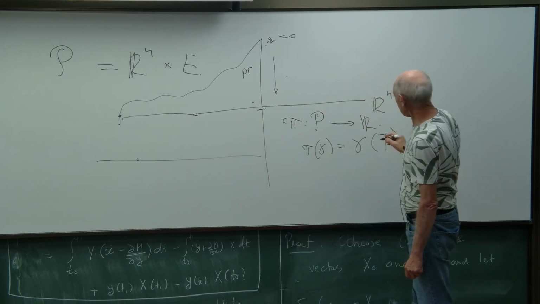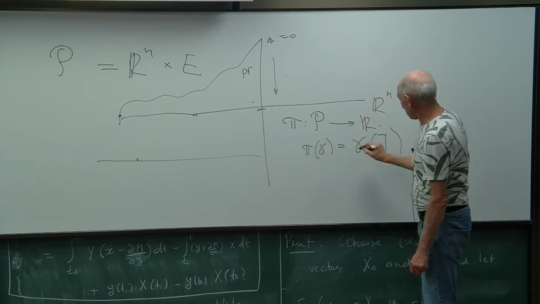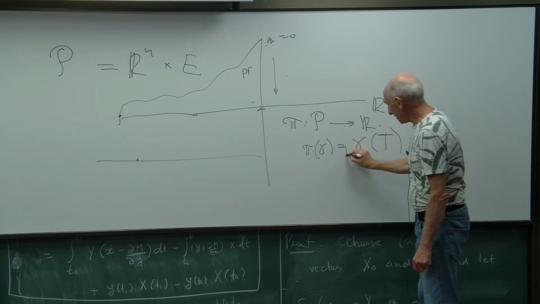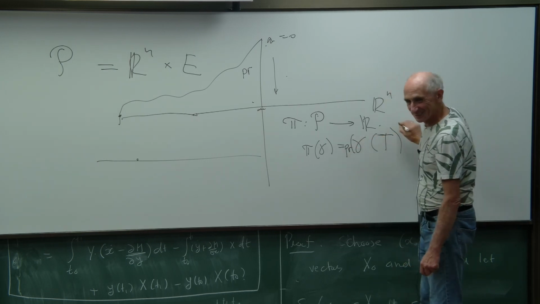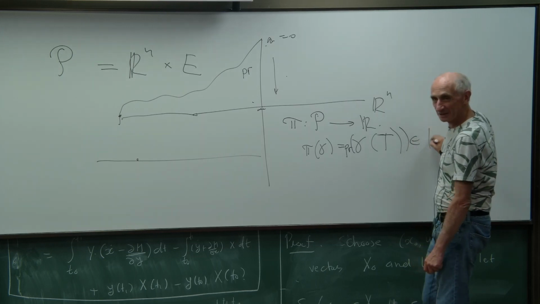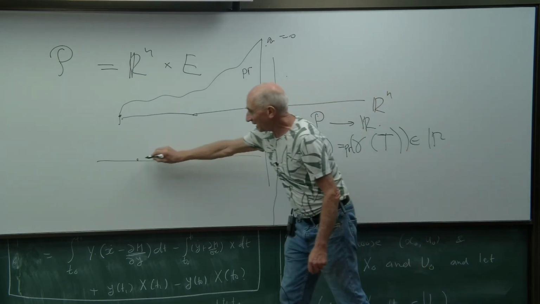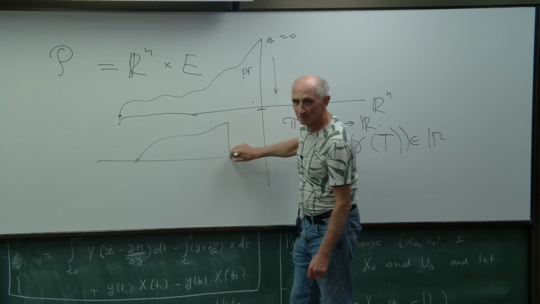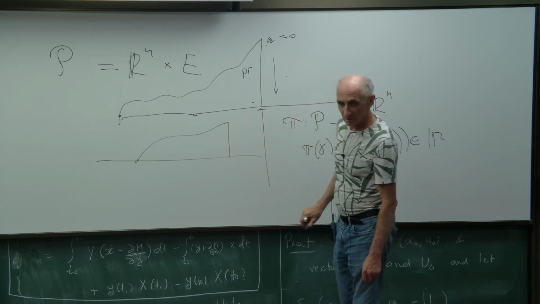So take gamma of T and take PR of this. This belongs to Rn, right? You take any path, take the endpoint, and project it.